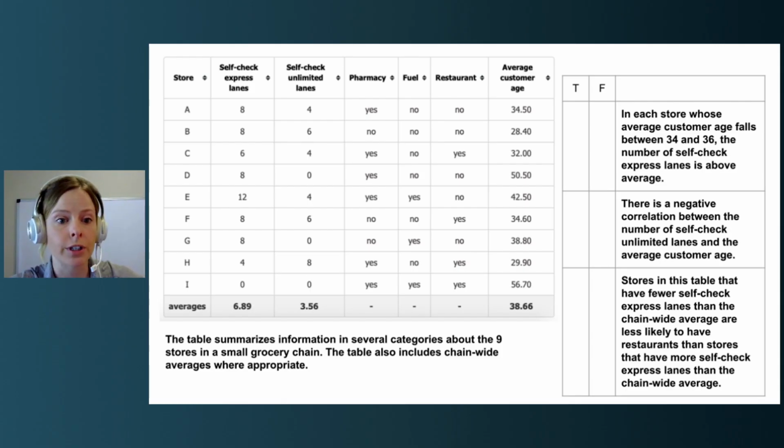And as always, if you need more time to think that one through, go ahead and pause the video and take as much time as you need, and then we will talk about it.